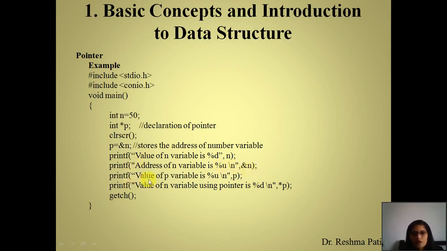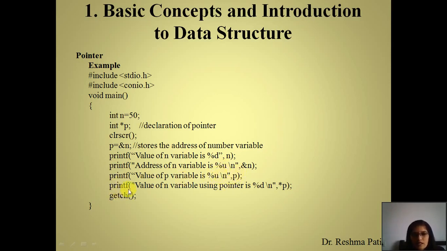Now in the third printf statement we have to check the value of the p variable. What does the pointer variable contain? It contains the address of another variable. So here both the statements' output should be the same, because this line also shows the address of the n variable and the value of the p variable is actually the storage of the address of another variable, that is the n variable. So both results should be the same.